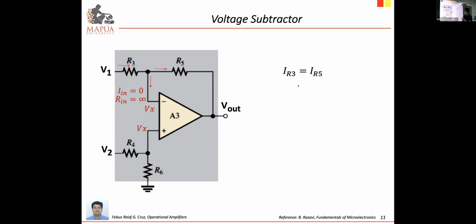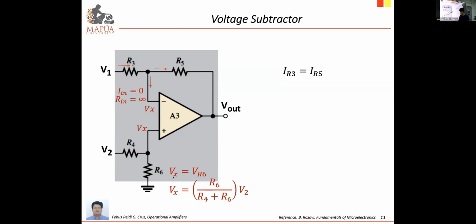All right, then that Vx will come from the other node. So the Vx actually is the voltage across R6. And if you look at this portion, since this is open circuit, effectively R4 and R6 are connected in series. So you can apply voltage division.